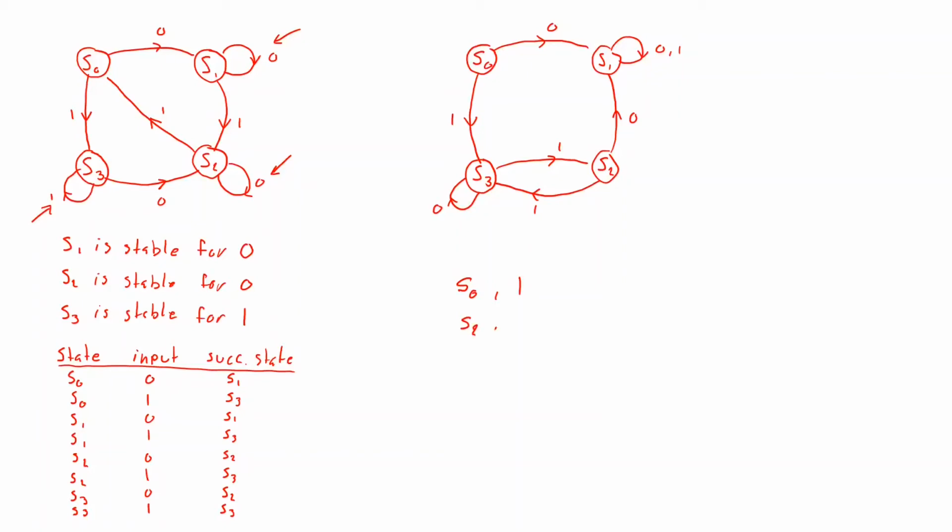So we can also say that S2 with input 1 and S3 with input 1, all these combinations have no successor state. According to the definition, all the states for all inputs need to have a successor state in order for our graph to be asynchronously realizable. So this graph here is not asynchronously realizable.